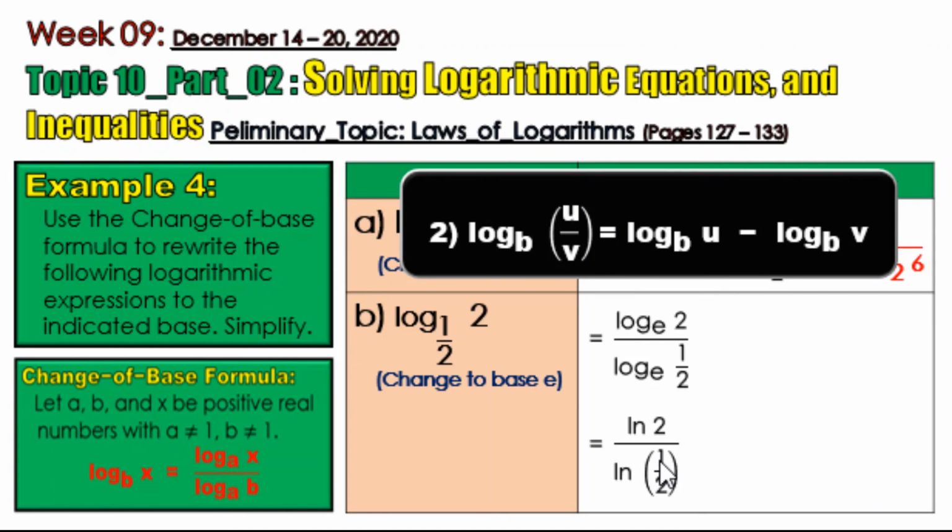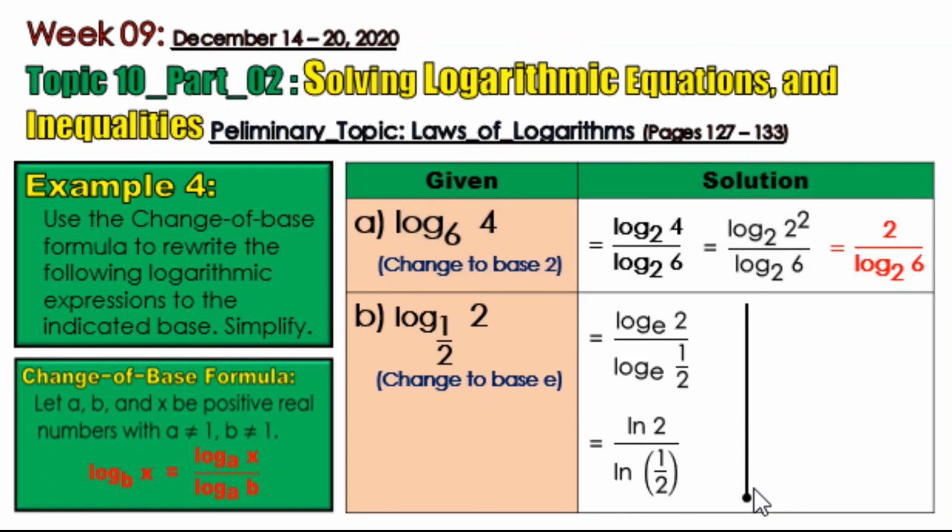For the denominator 1/2, we can further expand this as ln 2 divided by ln 1 minus ln 2. For the denominator, this is a quotient, so therefore we have the difference of the logarithms of the two numbers.